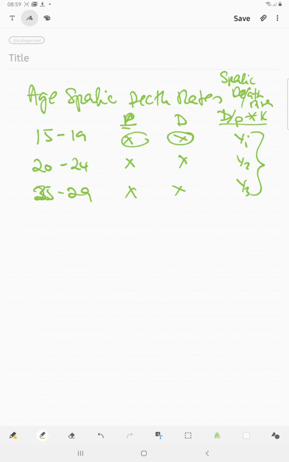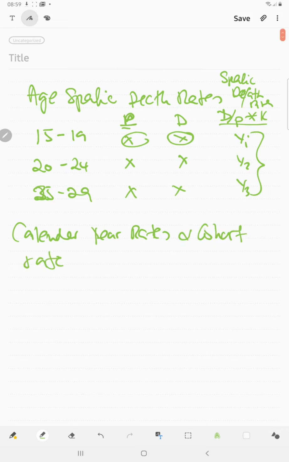Okay, having said that, I want us now to look at what we call calendar year rates, and at the same time cohort rates. Sometimes you can have calendar year rates.